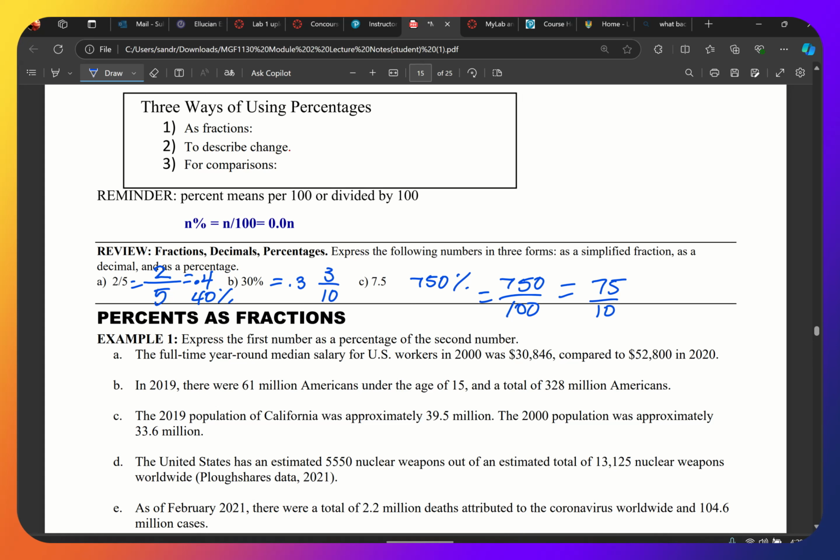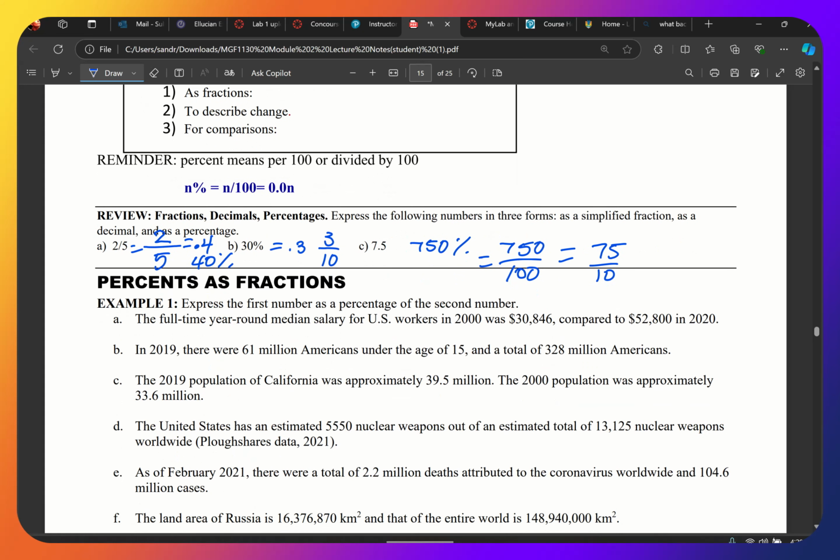When you do the math, 50, right? It should definitely be over 50%, because what is 50% of 52,000? 26,000, and 30,000 is bigger than 26,000. So just by visualizing and thinking of halves, you could see where your answer should lie. But this is 30,846 divided by 52,800.